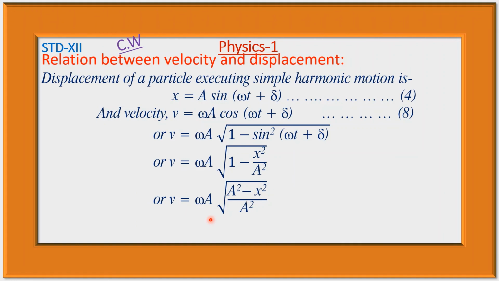Or v = ωa√((a² − x²)/a²). With simple calculation, v = ω√(a² − x²). This is the velocity of the particle executing simple harmonic motion.